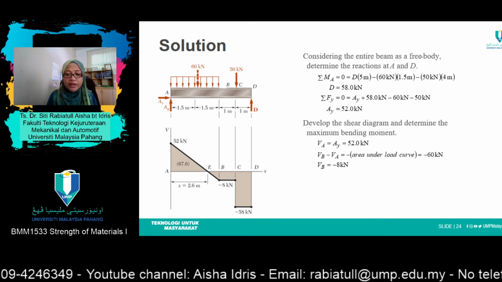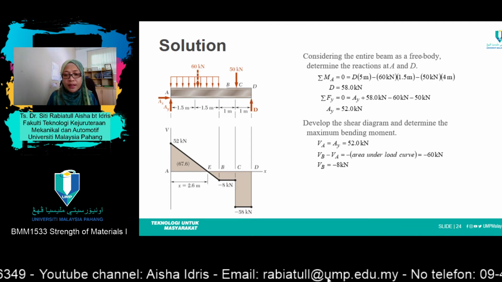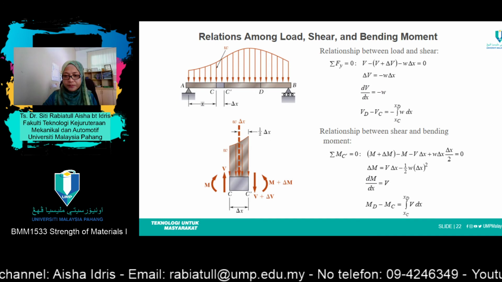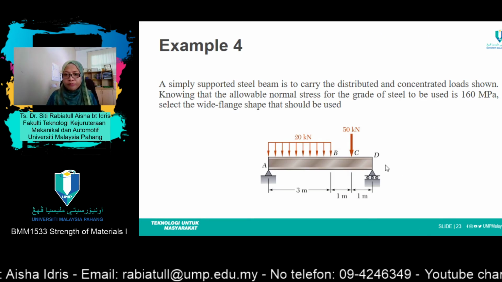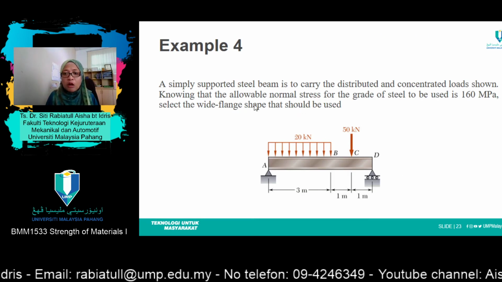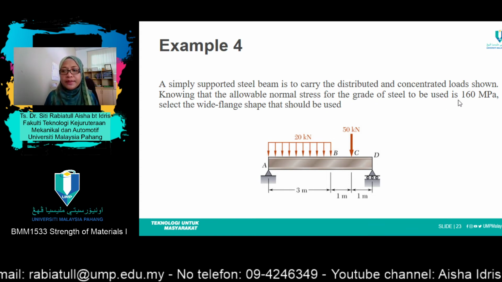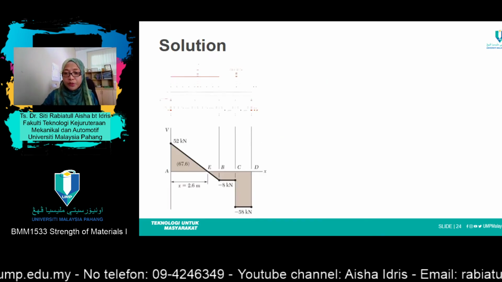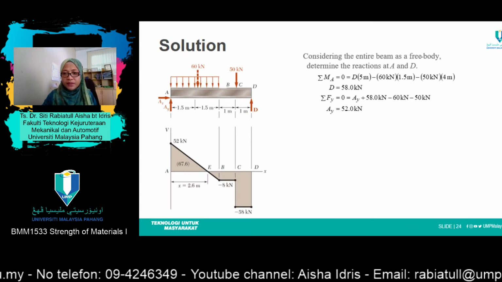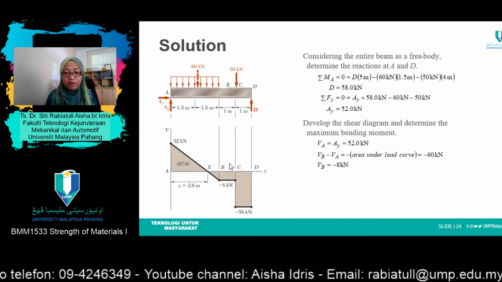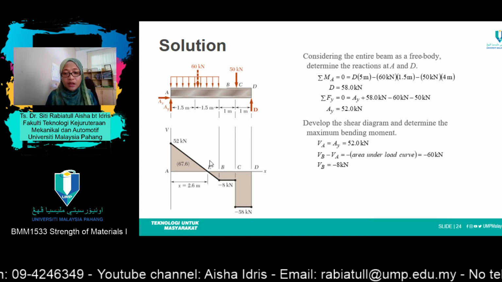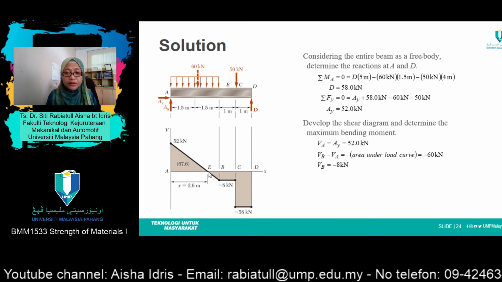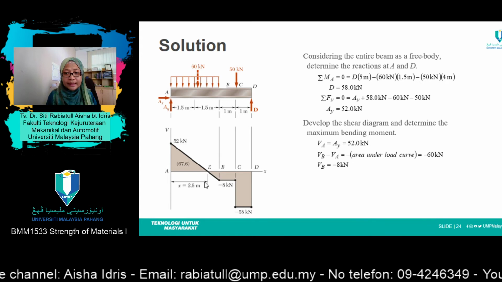However, the question asks you to determine the maximum value of moment, given that the allowable normal stress for the grade of steel to be used is 160 MPa, and to select the wide flange shape that should be used. For this case, the maximum value of moment always exists at V equals 0. V equals 0 is somewhere here, so we need to find the value of x here.